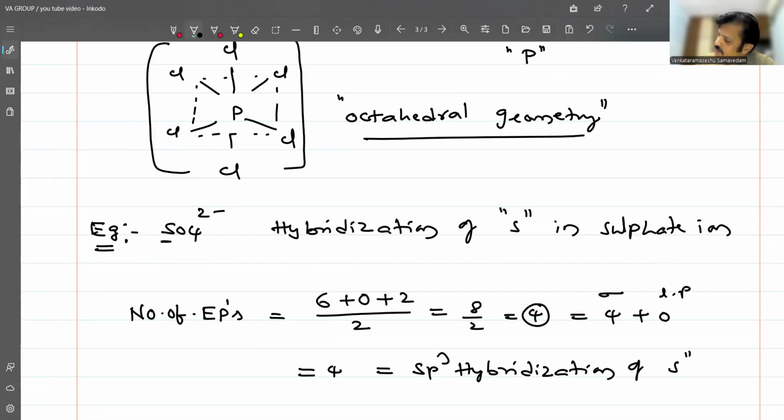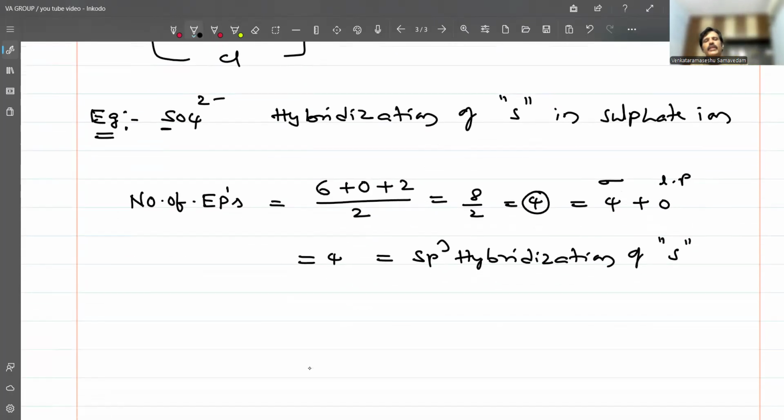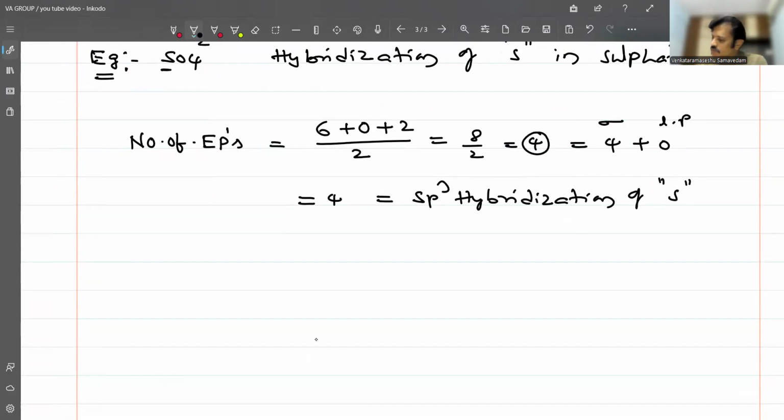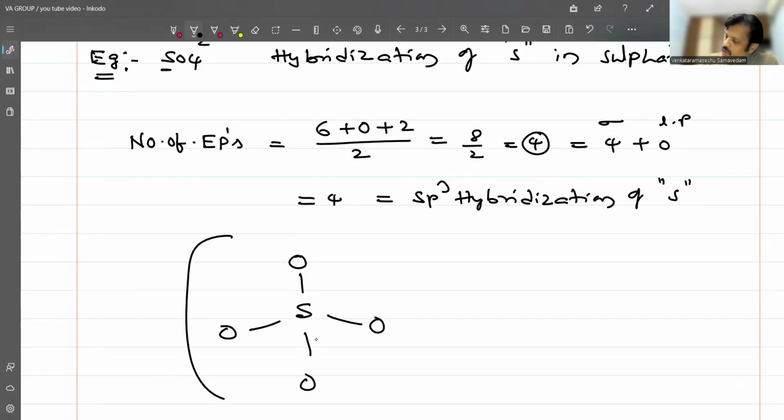Now I need the structure. What is the structure of sulfate ion? Simply take 4 oxygens surrounding the sulfur with 2 minus charge. Then based on valency, oxygen is connected with 2 bonds and sulfur with 6 bonds.